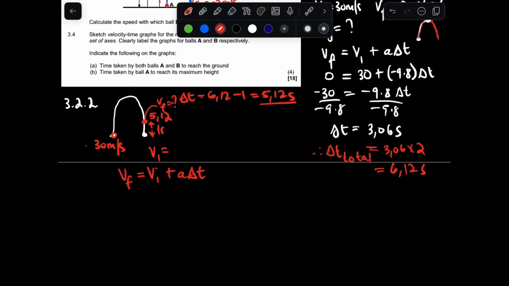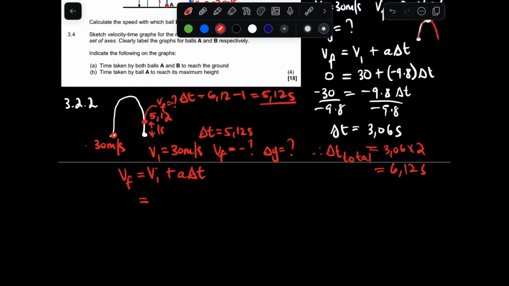The initial velocity is 30 meters per second, and we're looking for the final velocity, which is going to be negative because downward is positive, and we want the distance, right? We do have the time. The time is 5.12 seconds, because it's the time that it took up to the last second there.